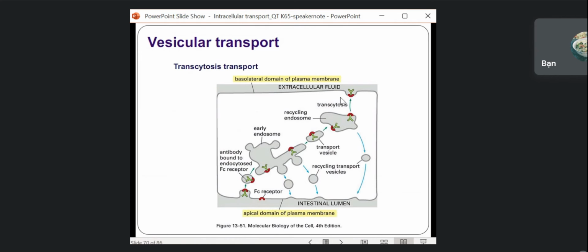After the fusion, it can release the antibody in the basolateral domain of the plasma membrane, and the receptor still stays on the plasma membrane, ready to transport another antibody if it meets one.